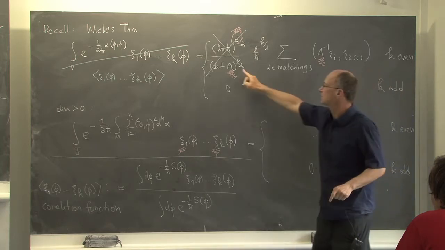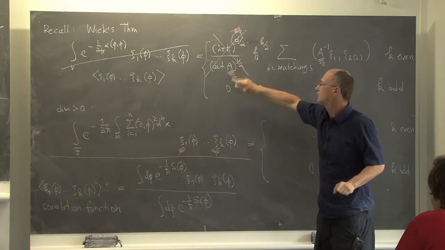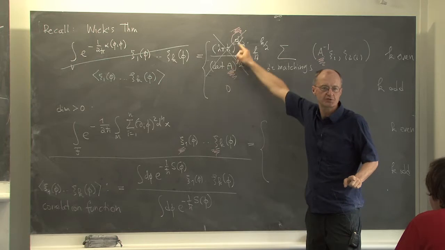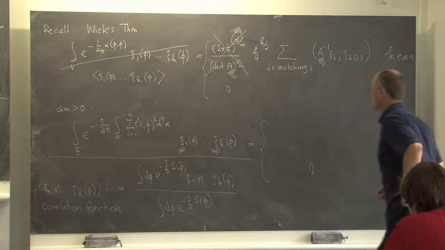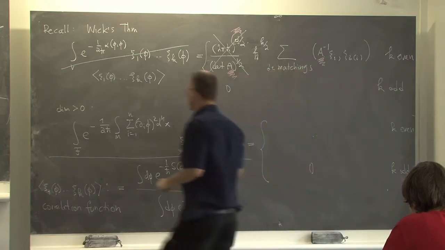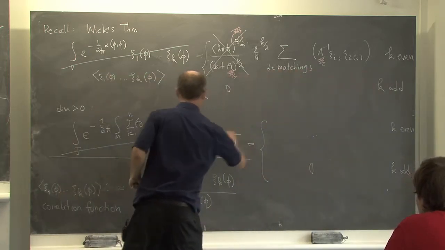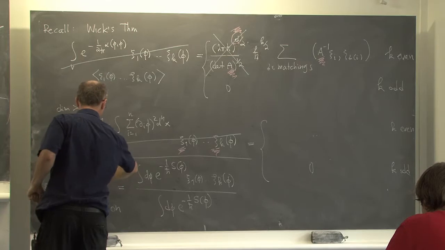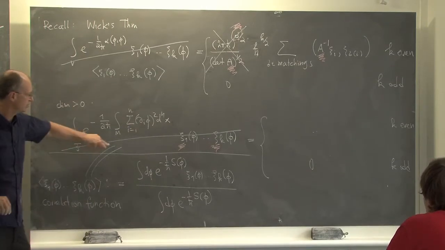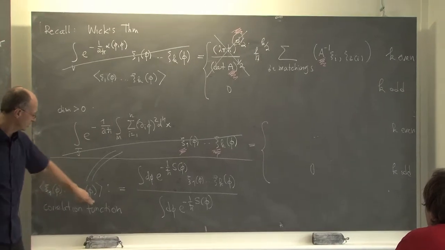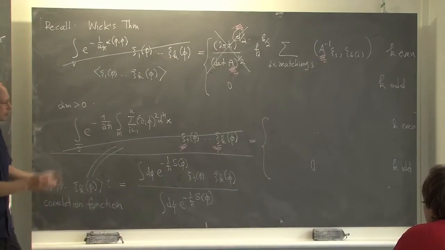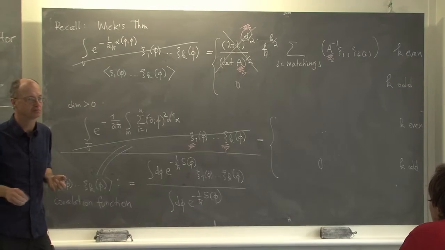Now, if I cancel the Gaussian part, I no longer have any problem with interpreting the ingredients. So that's why we would like to produce an infinite dimensional definition for the correlation function. So this seems to work very well.